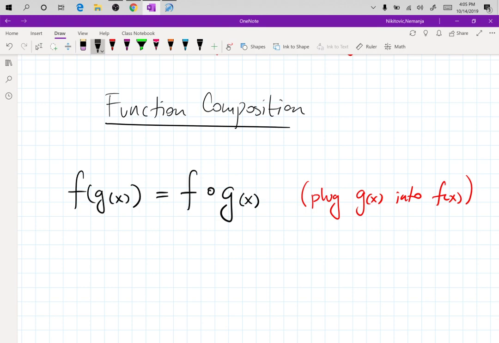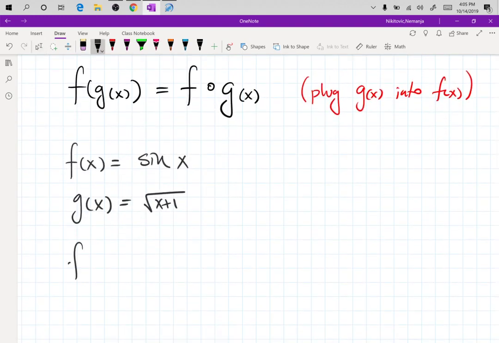So to have an example here, let's say f of x is equal to sine x and g of x is equal to square root of x plus 1. Well, in this case, f of g of x, meaning f composed with g, is sine of square root of x plus 1. So we are replacing the x of sine with g, so the in-between step would be obviously sine of g, and then g is replaced by x plus 1.